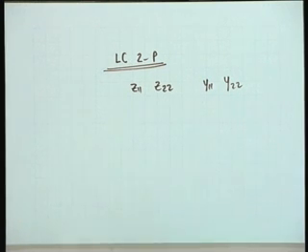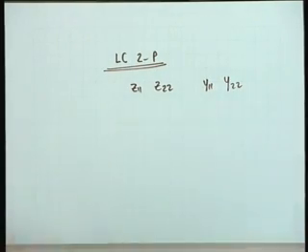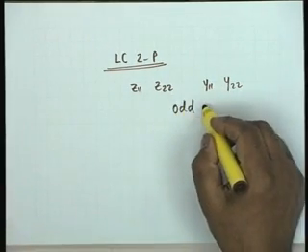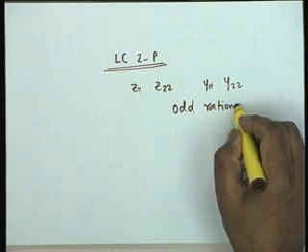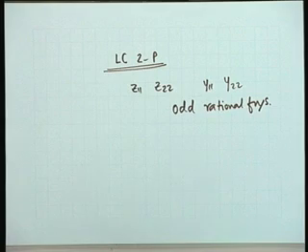Can you pinpoint this character? What kind of rational function? Odd. All of them are odd. Odd rational functions. If the two port is LC, then all of them are odd rational functions.